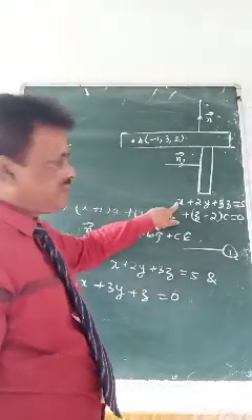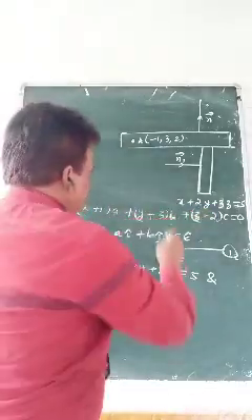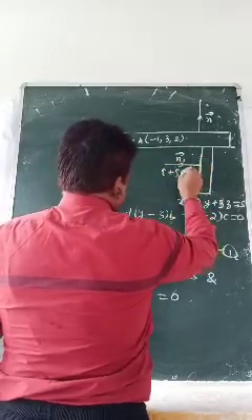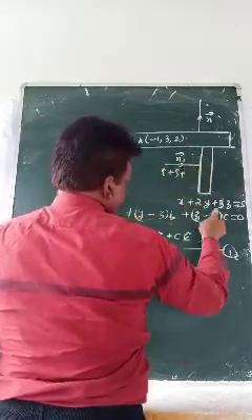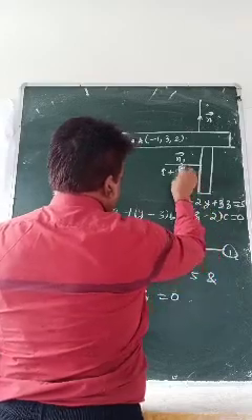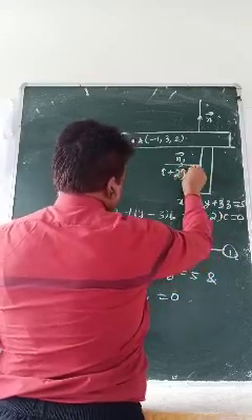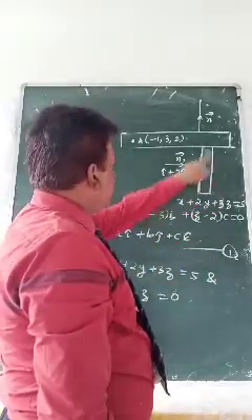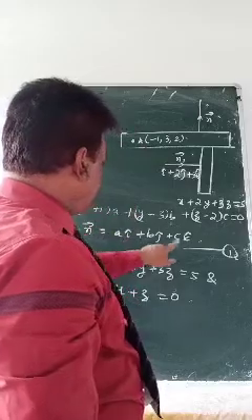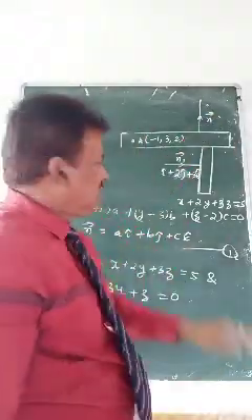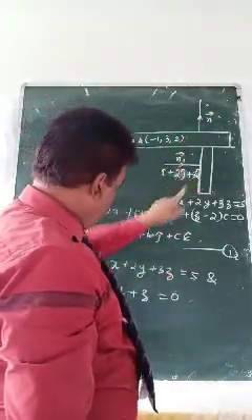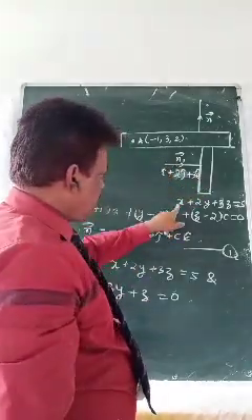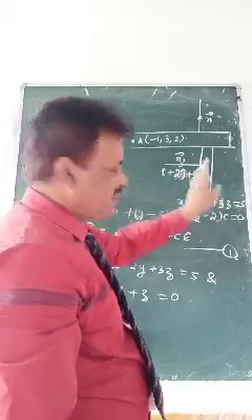Take out the coefficients 1, 2, 3. So i plus 2j plus 3k. This is the normal of this plane.